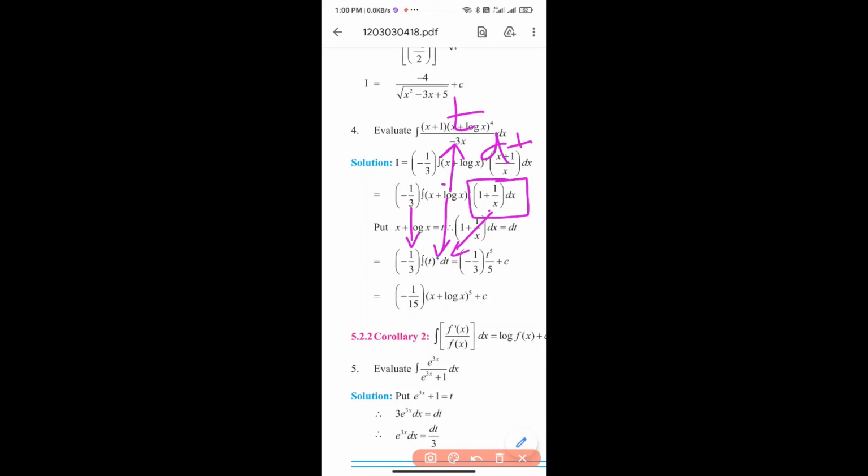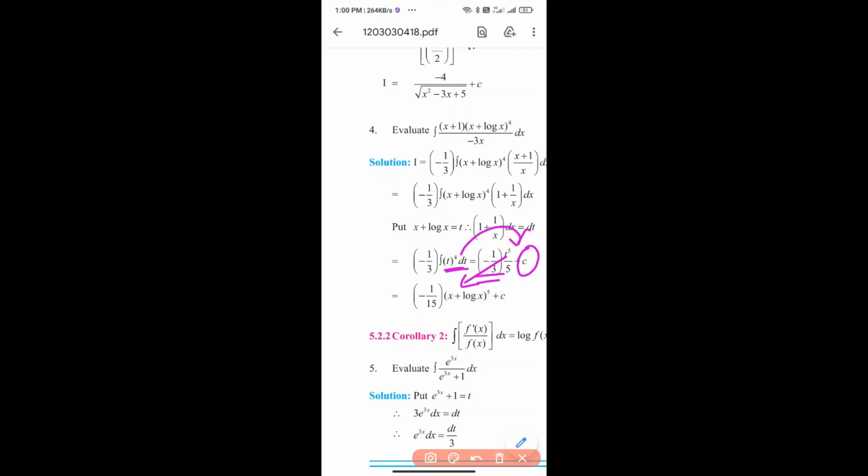So after that you simply integrate t raised to 4, it will become t raised to 5 by 5, minus 1 by 3 will remain as it is, plus c is added because this is an indefinite integration, and then you have to replace t with x plus log x. That's it.